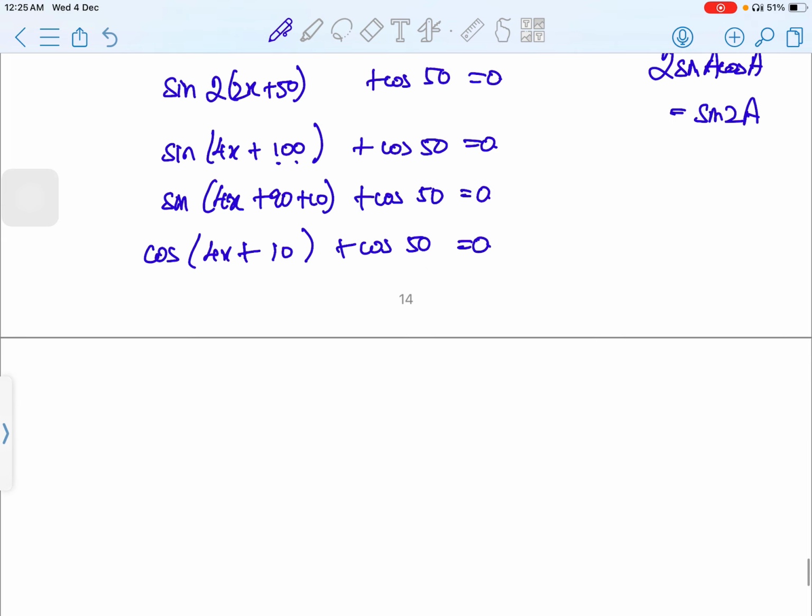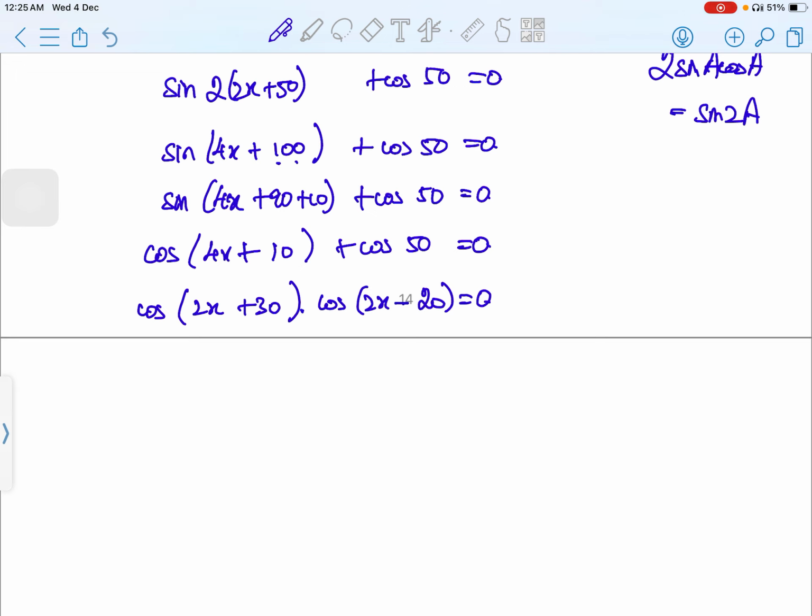So we can write that as cos 2x plus 30 into cos 2x minus 20, if you do the transformation formula again, you will get 4x plus 10 and 4x minus cos of 50.